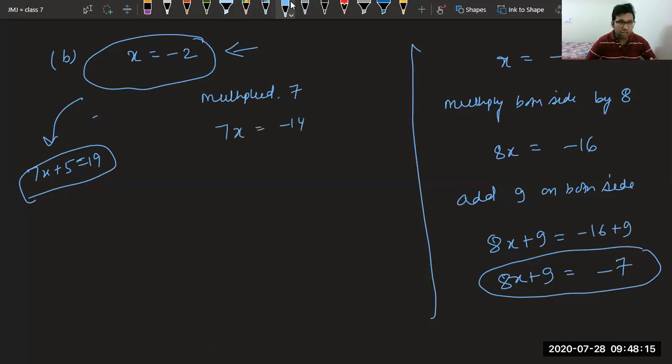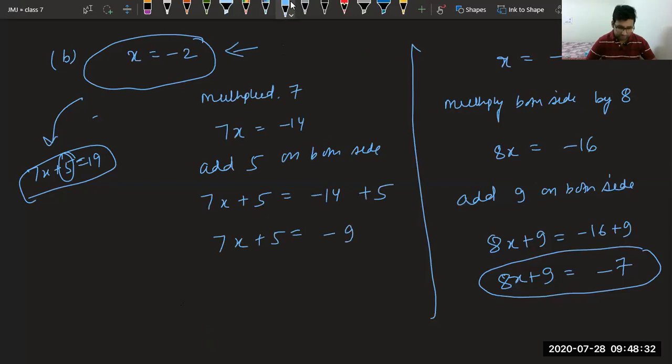After that, you have added 5 on both the sides. You have got 7x plus 5 equal to minus 14 plus 5. And the answer is minus 9. Okay, Ryan, you got this?